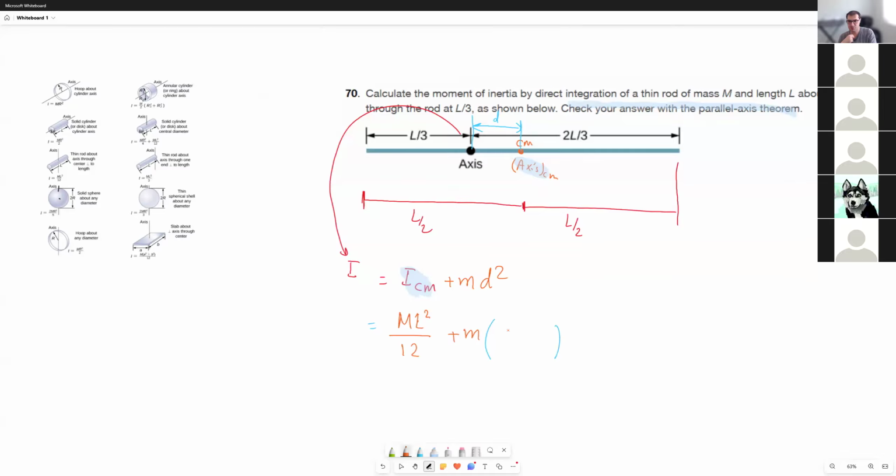It's going to be L over 2 minus L over 3, squared. This distance is going to be L over 2 minus L over 3. Right? And that's it.